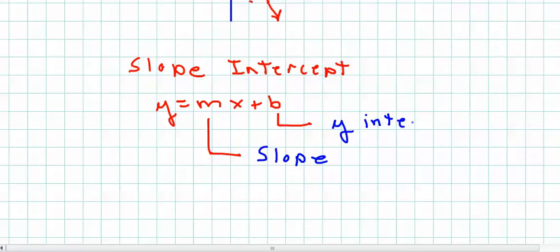So when somebody says slope-intercept, or they say y equals mx plus b, you should know it's the same thing.